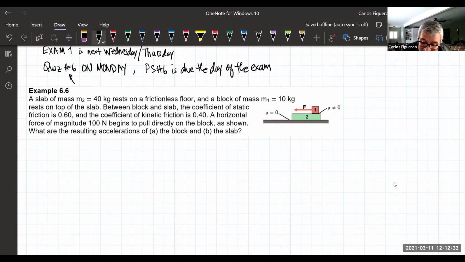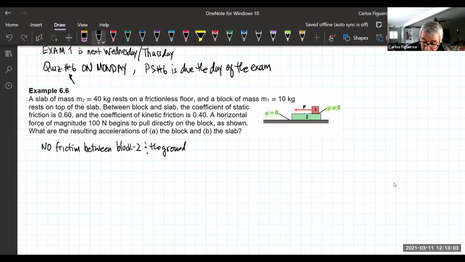And really the key point here is, look, there's friction between block 1 and block 2, and there's no friction between block 2 and the ground. That is really important here. So there's no friction between block 2 and the ground.